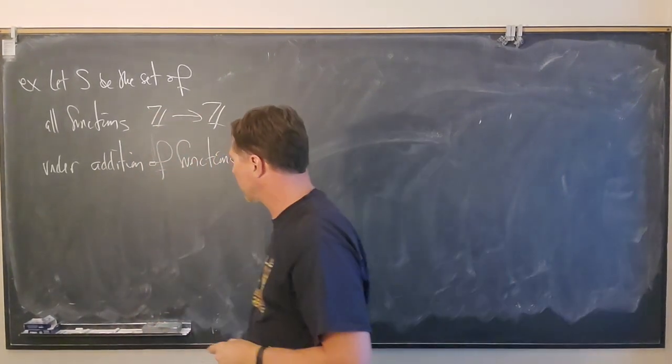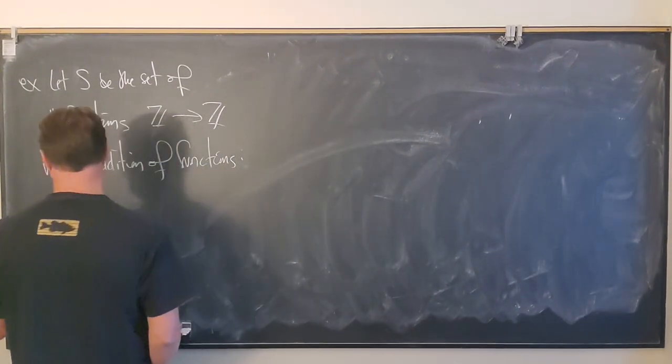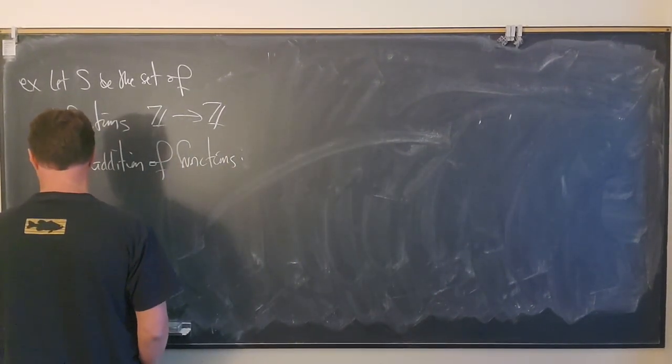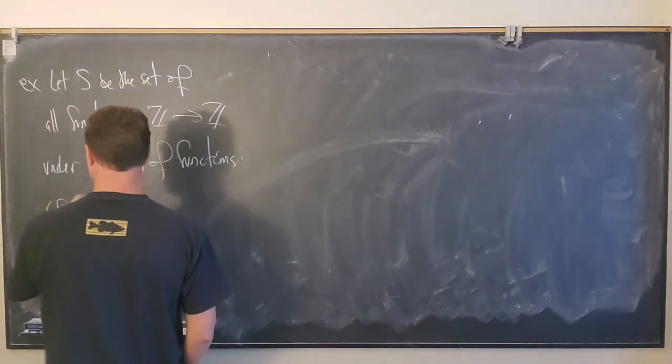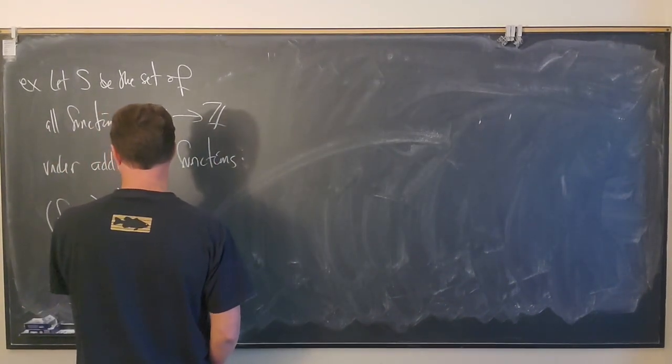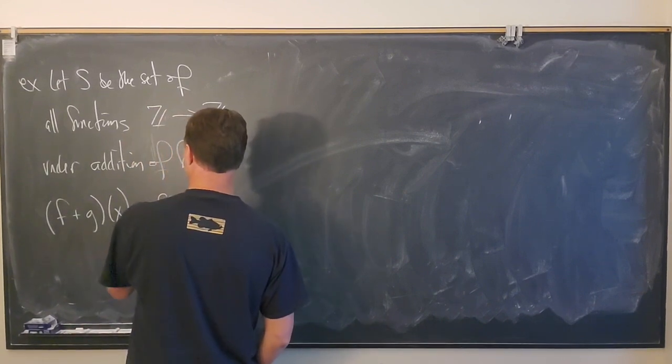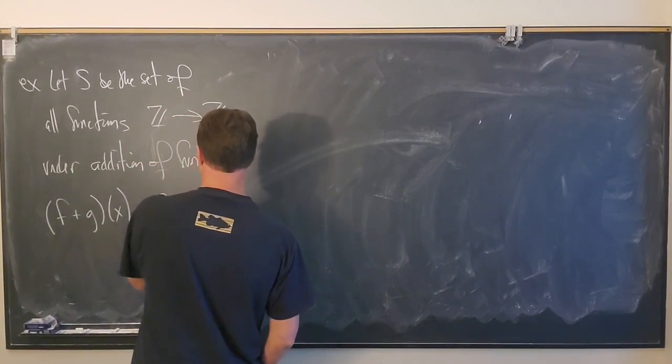If we have 2 elements, f plus g, that's a new function. And how is it defined? It's defined as f of x plus g of x.